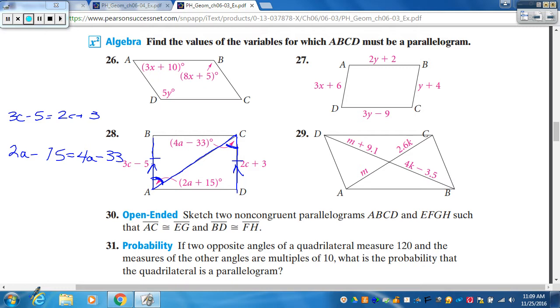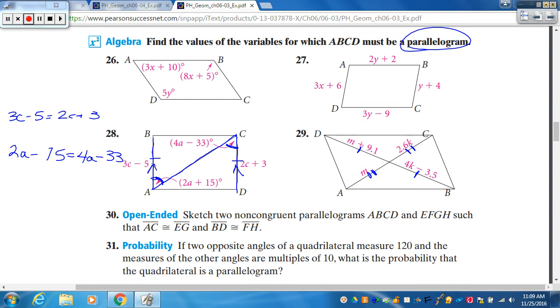Okay? All right, now, for number 29, and we did have to do 29, right? Yep, 26, 29. We take it up a notch, and we look at the diagonals. Now, remember, in a parallelogram, which is what we have, the diagonals bisect each other. So the very first thing that I'm probably going to do when I have any problem that has a parallelogram and diagonals, I'm probably going to put those markings down there.